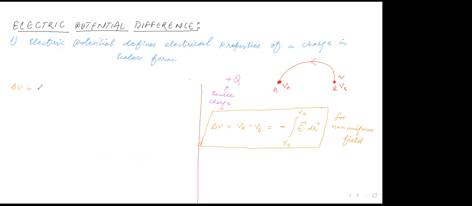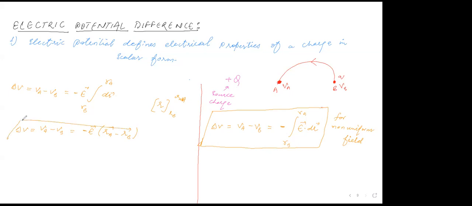We can write delta V is equal to VA minus VB, which is equal to minus E integration from RB to RA of dr. After integrating dr, you get delta V is equal to VA minus VB is equal to minus E vector times R, which after expanding gives RA minus RB.